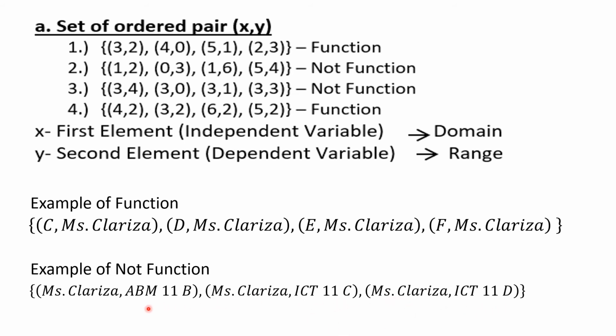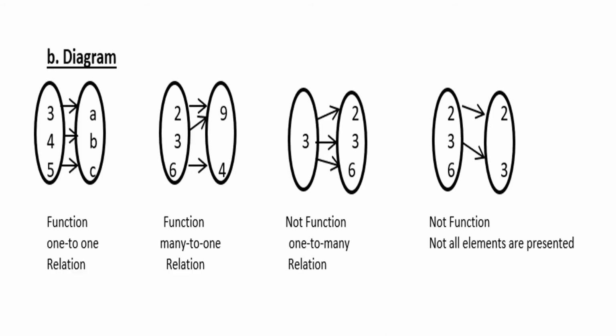So it is not a function because take note the input here is repeating 3 times. It must not be repeated. Although I have different outputs, the input must not be repeated. So this is an example of a one-to-many relation rather.